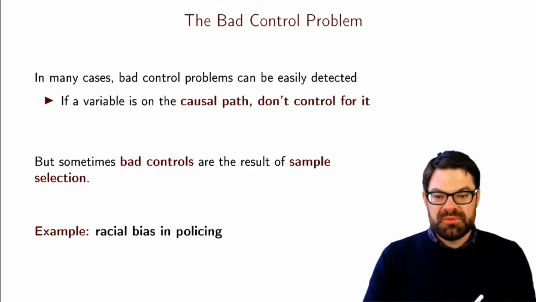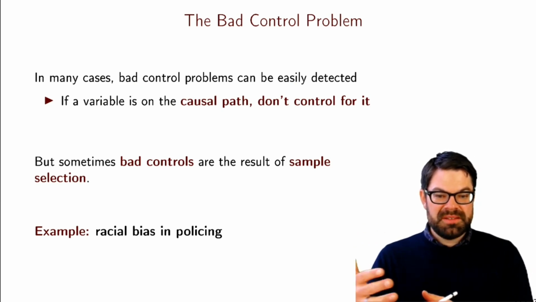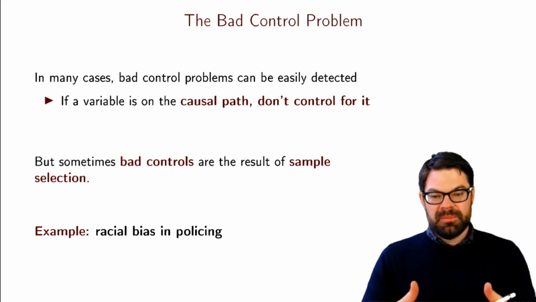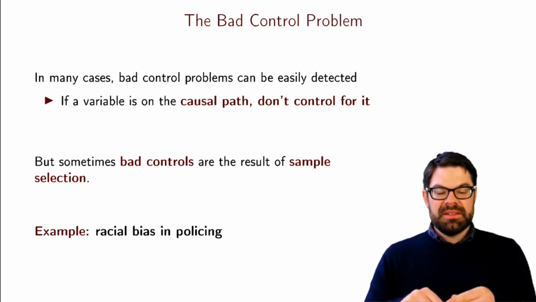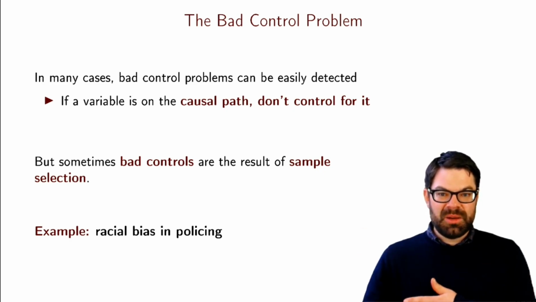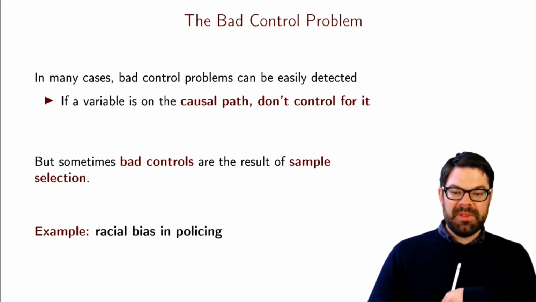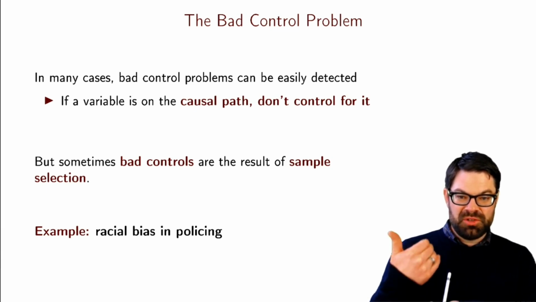In the live lectures, we will talk about an example that is racial bias in policing, where economists and political scientists typically run regressions that try to show that blacks are more often convicted of a crime than whites, and to what extent this reflects racial bias.